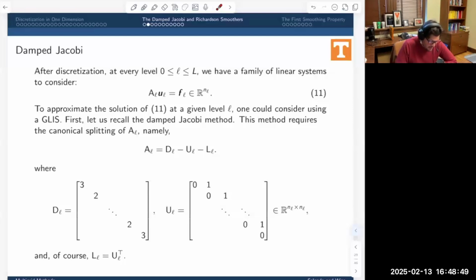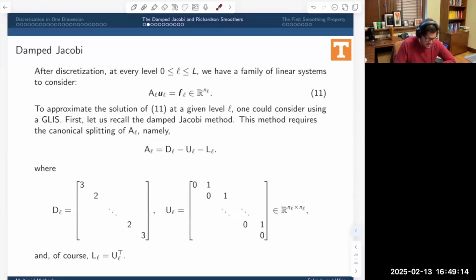So this requires taking A_L and splitting it into a diagonal part, an upper triangular part, and a lower triangular part. In particular, we're going to take minus the upper triangular and minus the lower triangular parts separately. All right, so the diagonal part, that's pretty easy to see. We harped on that quite a lot, or at least I did.